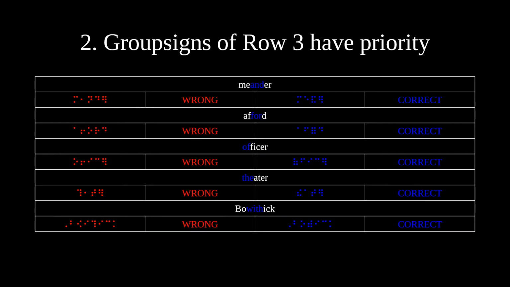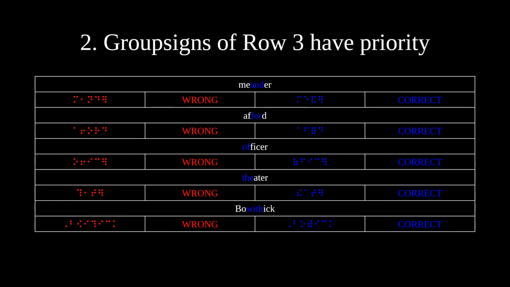The second rule says that the group signs in row 3, the group signs for and, for, of, the, and with, have priority over all other single cell group signs. The word meander uses the contraction for A and D instead of the one for EA.